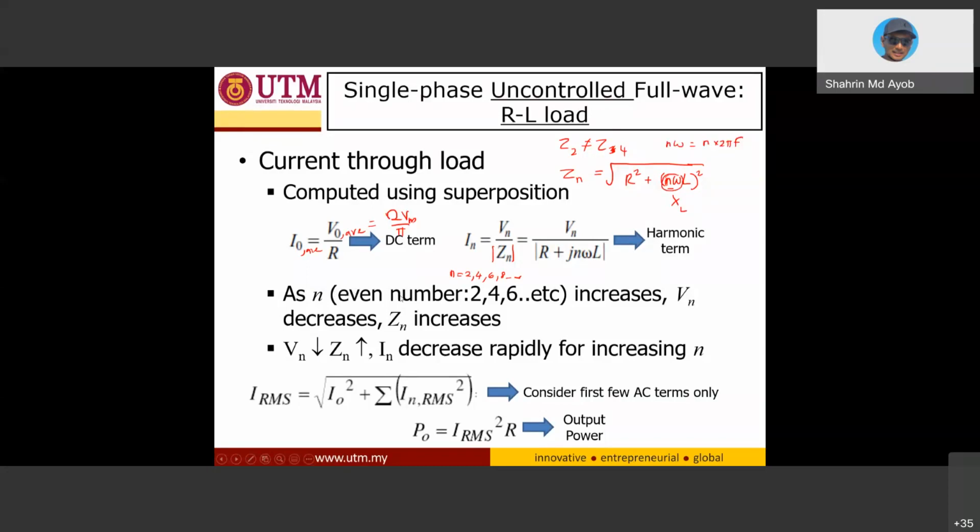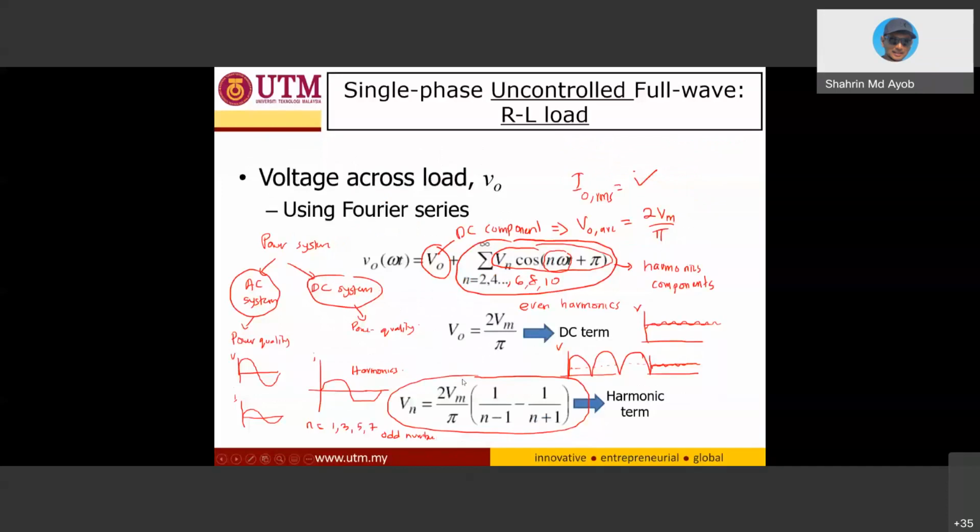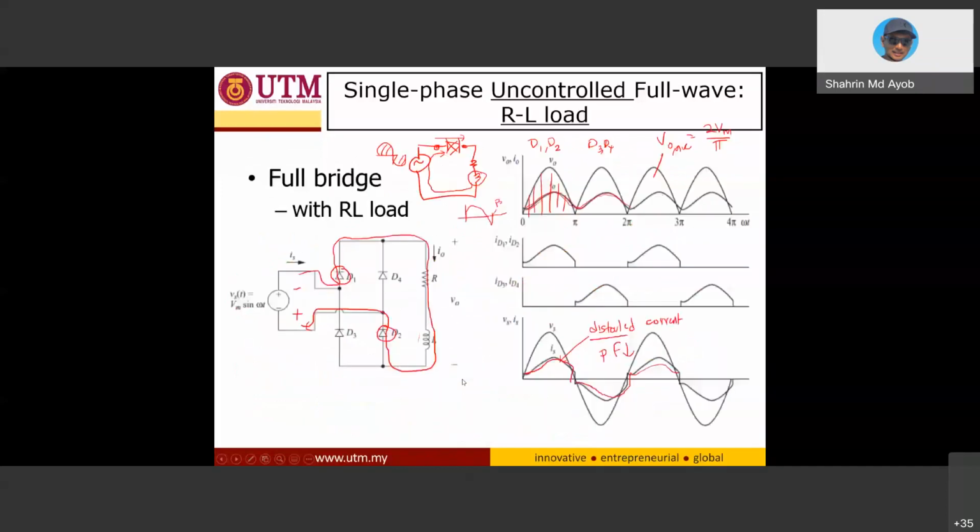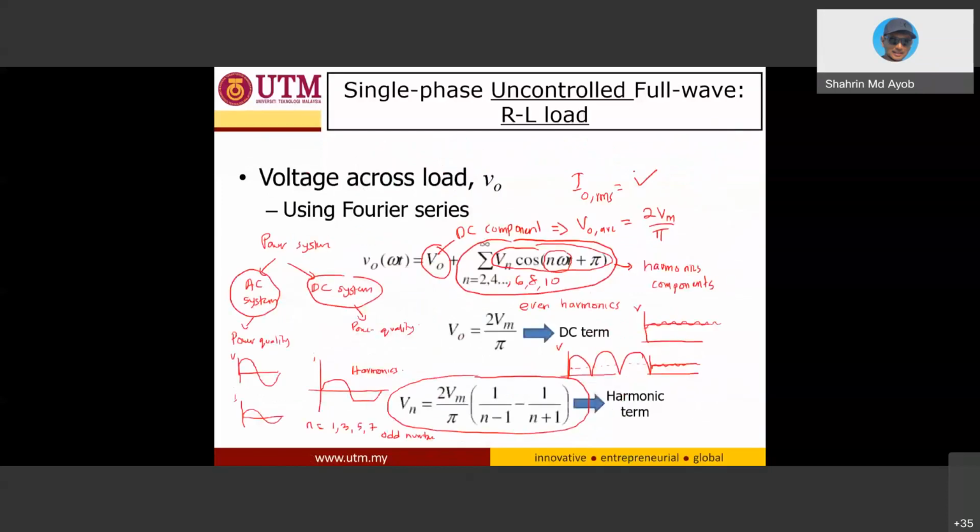As n increases, for example harmonic numbers 6, 8, and so on, Vn decreases based on this formula, while the impedance Zn increases.